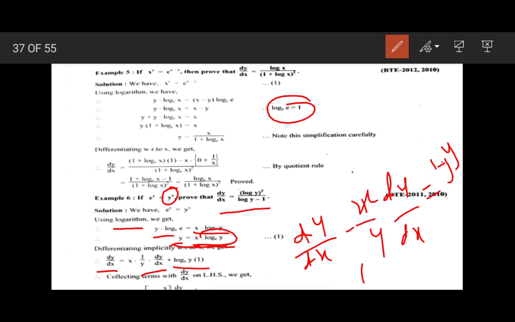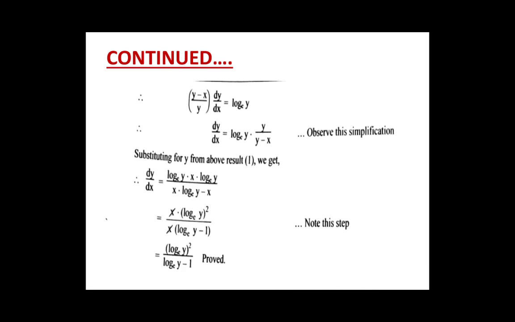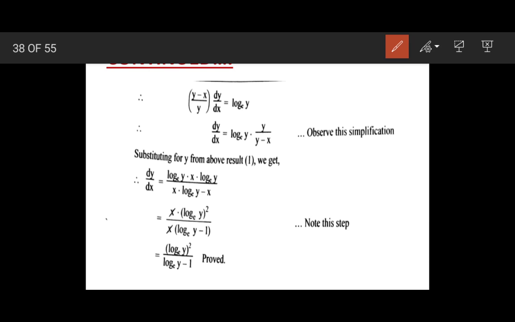Now (1 minus x upon y) dy upon dx is equal to log y. So by cross multiplying we get ((y minus x) upon y) dy upon dx is equal to log y, and hence we get dy upon dx as log y into y upon (y minus x).